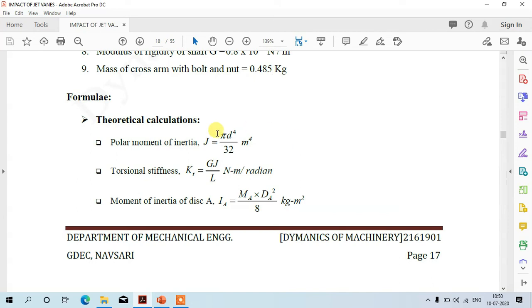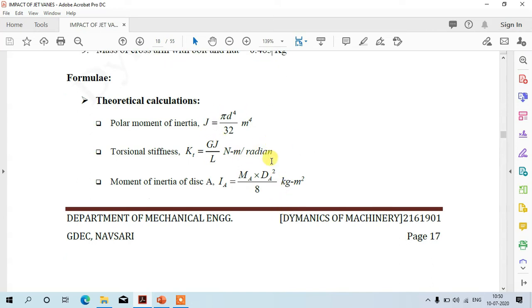The theoretical calculation equations are given over here. The equation for polar moment of inertia of shaft is pi by 32 d raised to 4. Torsional stiffness Kt is equal to GJ by L. This equation can be derived from the torsion formula.